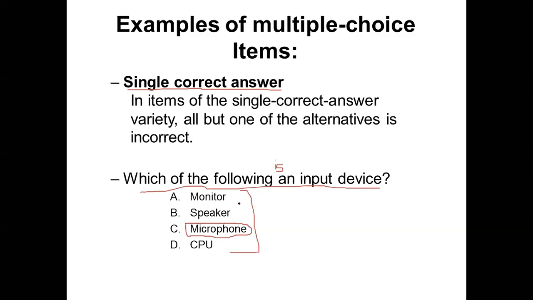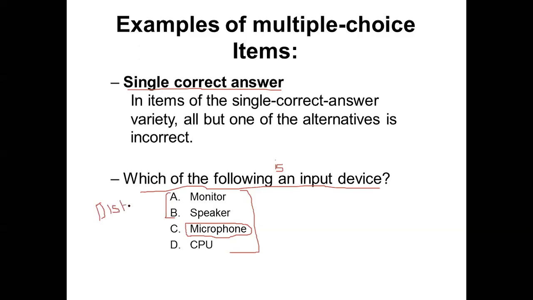If you look at these others, they are also possible answers, but they are there just to distract you. So these answers which are not correct are known as distractors. They are known as what? Distractors. Thank you very much, Mtali.